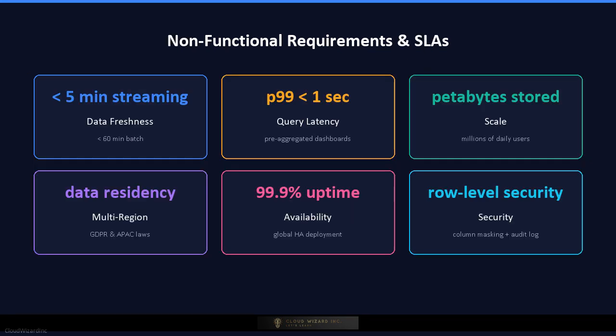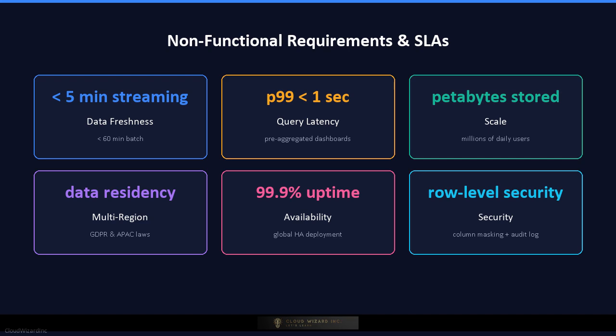Now the non-functional requirements. Data freshness is the most critical. Reports should reflect events that happened within the last few minutes for operational metrics, and within hours for heavy analytical aggregations. Query latency must be low. Pre-aggregated dashboard queries should complete in under 1 second, and ad hoc analytical queries should complete in under 30 seconds.